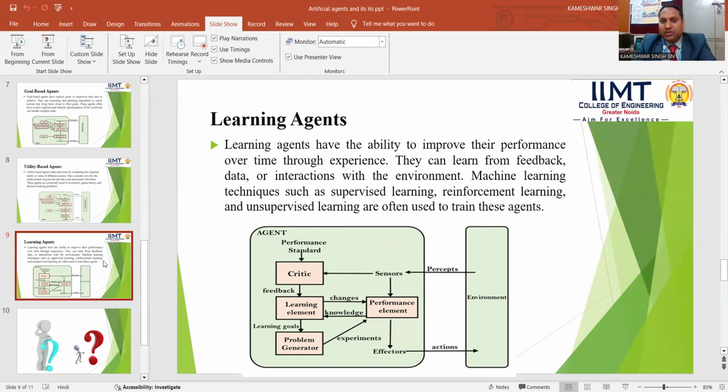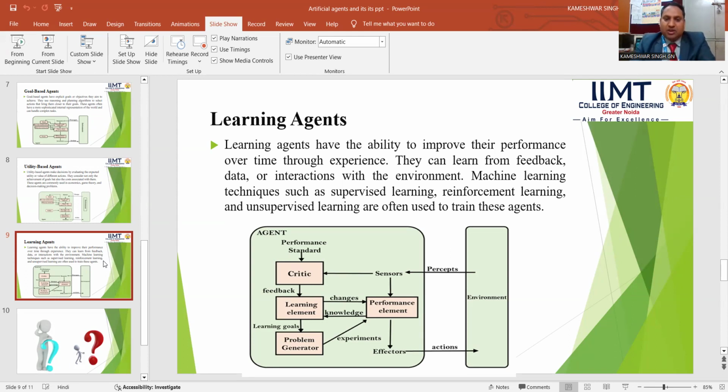After the critic, it goes to the learning element through feedback. So the agent suggests you are going the wrong way, then we take the feedback about what wrong options we chose, and we get the correct options after changing the performance element.